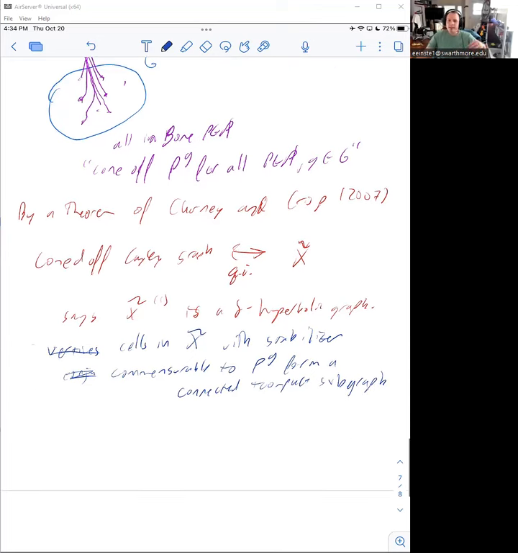So you can basically take all the cells that are stabilized by a particular peripheral subgroup, and they live in some finite universe.